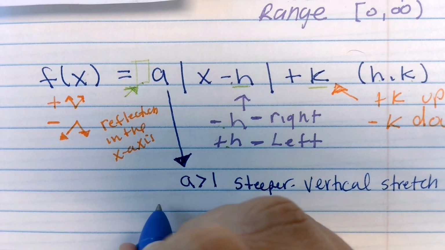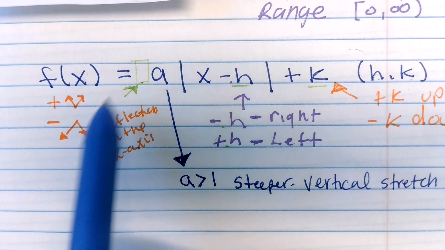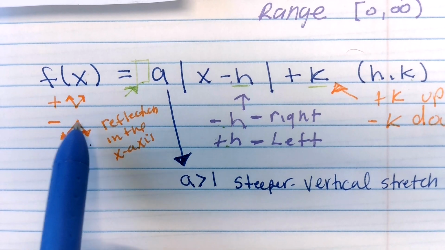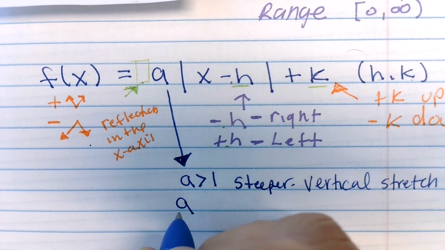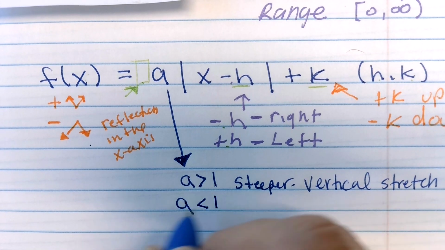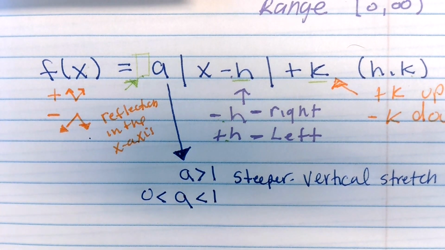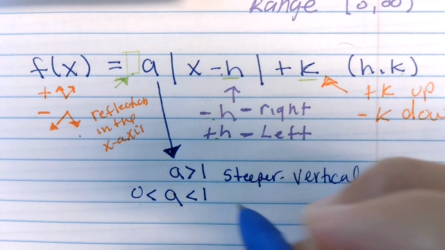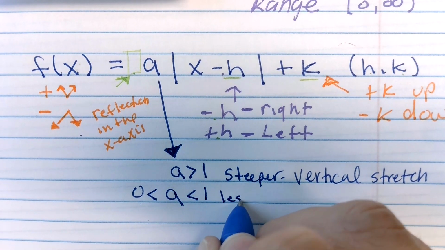But if I use a number, now we're not using negative numbers here, right? Because the negative has its own job. The A can be between zero and 1. So usually it's a fraction or a decimal. Some number less than 1, but still positive. When that happens, we're going to see that we are less steep.